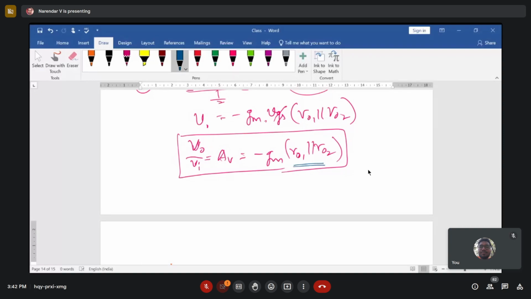If r01 and r02 are the same, then what happens to our gain? The previous stage gain Av now gets divided by 2, because r01 and r02 are both the same resistor, so it is exactly half, or the average of these two. Now your net gain is going to be half the gain of the previous case, right?